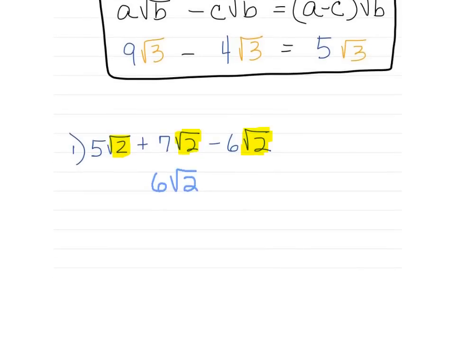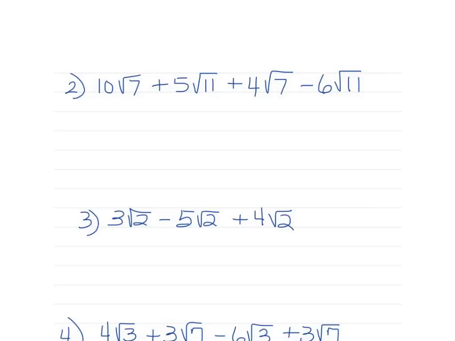Okay. Number 2. 10 radical 7 plus 5 radical 11 plus 4 radical 7 minus 6 radical 11. So just like you would with variable terms, you can combine the terms that have like radicands.